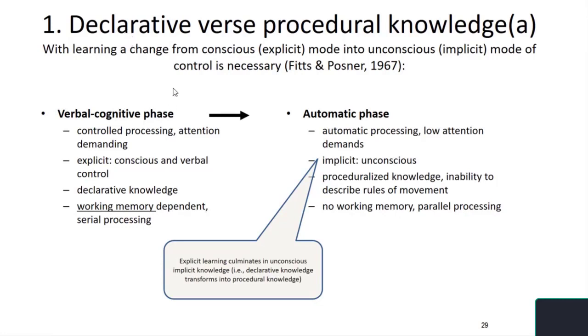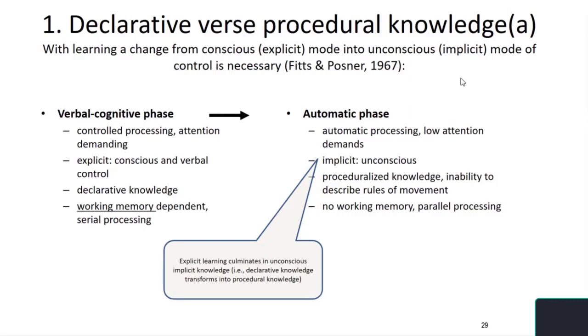With traditional approaches to learning that we've come across so far, and if we recall the Fitts and Posner model, learning involves a change from conscious or explicit modes into unconscious or some implicit mode of control.